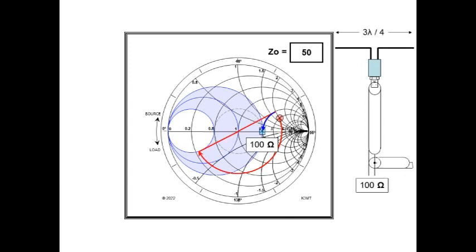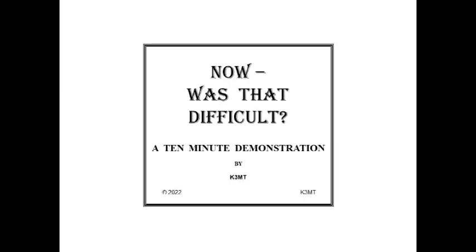So this technique can not only bring a load to non-reactance, or resonance, but can convert it to any desired impedance. We hope this has given you a taste of how to work with admittances and impedance, so you can go forth and design all sorts of impedance matching systems.